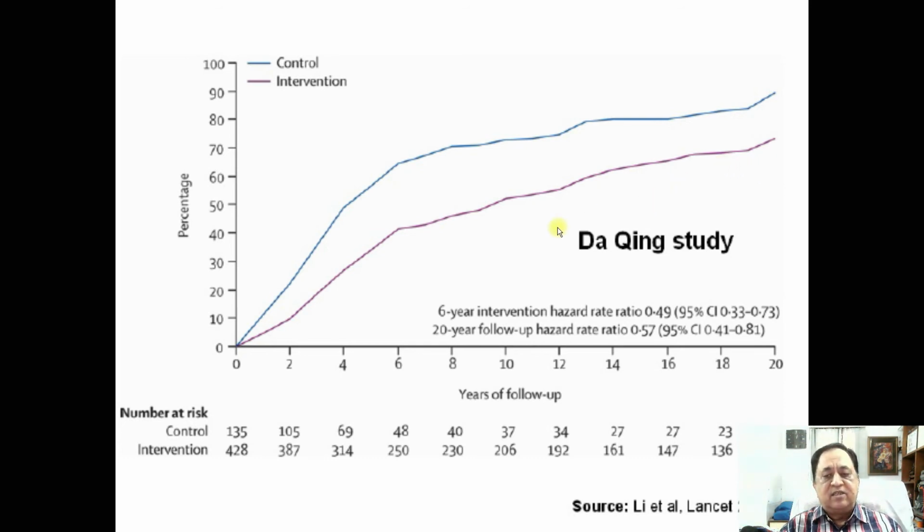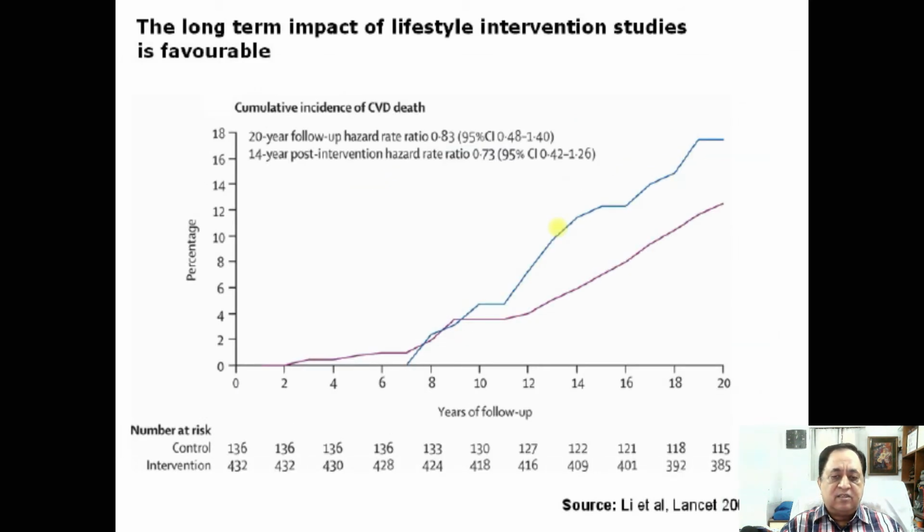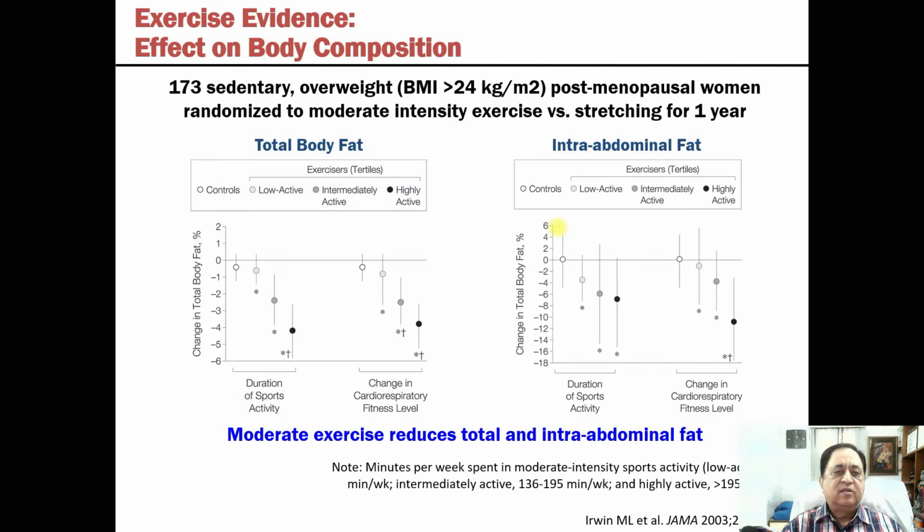So trial after trial, we have seen that once there are intervention related benefits, they remain persistent with patients for years and years together. The long-term impact of lifestyle studies are all favorable in terms of cardiovascular death and cumulative benefits achieved with the lifestyle interventions. Body composition, that is the total body fat and intra-abdominal fat, also improves with intensive lifestyle modification.